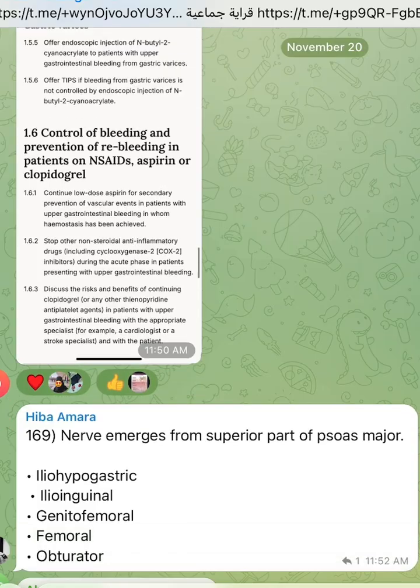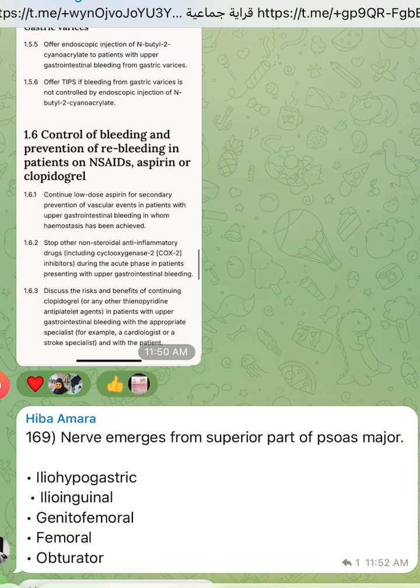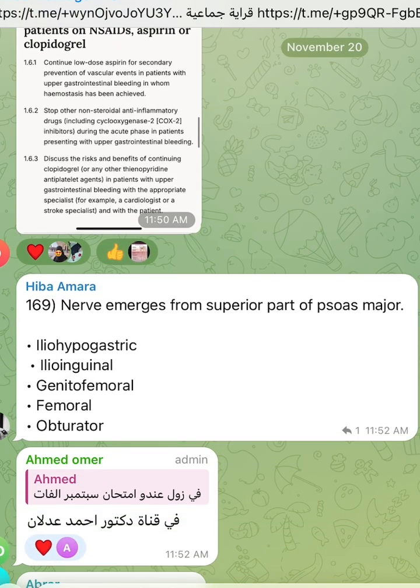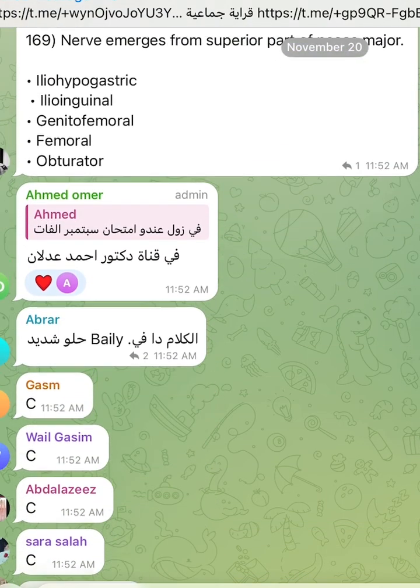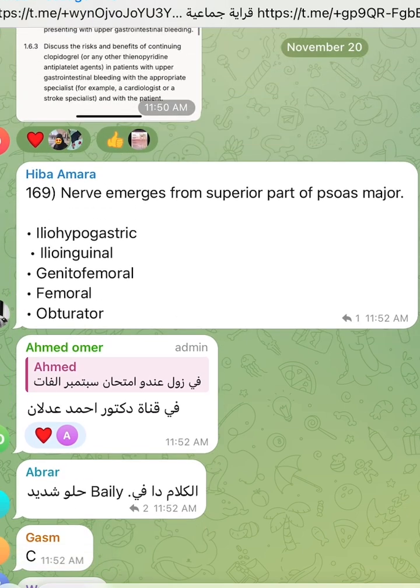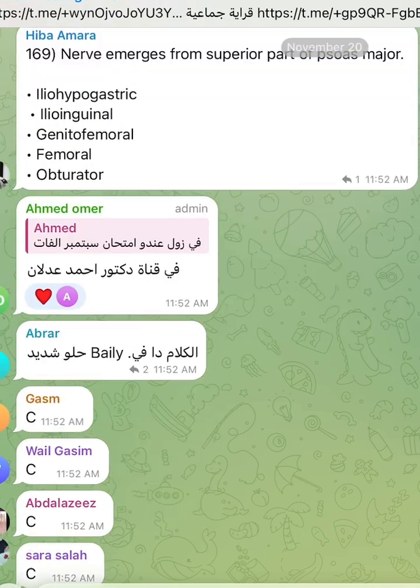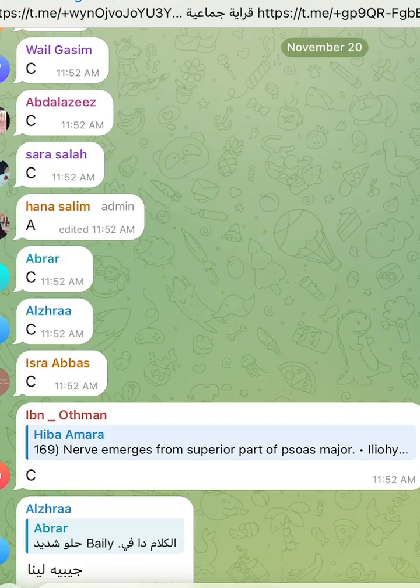Nerve emerges from the superior part of the psoas major. So psoas major superior: iliohypogastric, ilioinguinal, genitofemoral. I think superior, it is anterior surface of psoas major, genitofemoral nerve. Now what is happening?